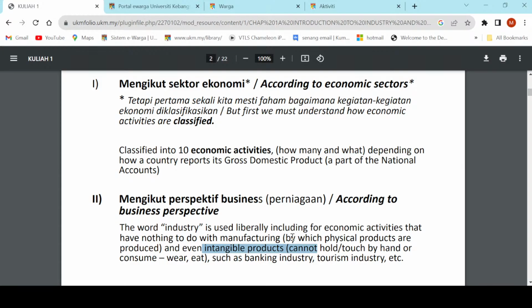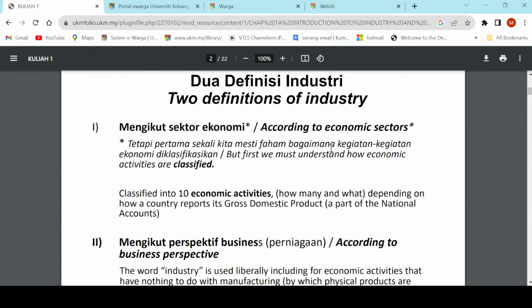But for our class, we want to focus on number 1 only, which is the definition of industry according to economic sectors, that we consider the hardcore, the real, or the core of economic sectors or economic activities that are considered industry according to our perspective and definition, which I will explain below.